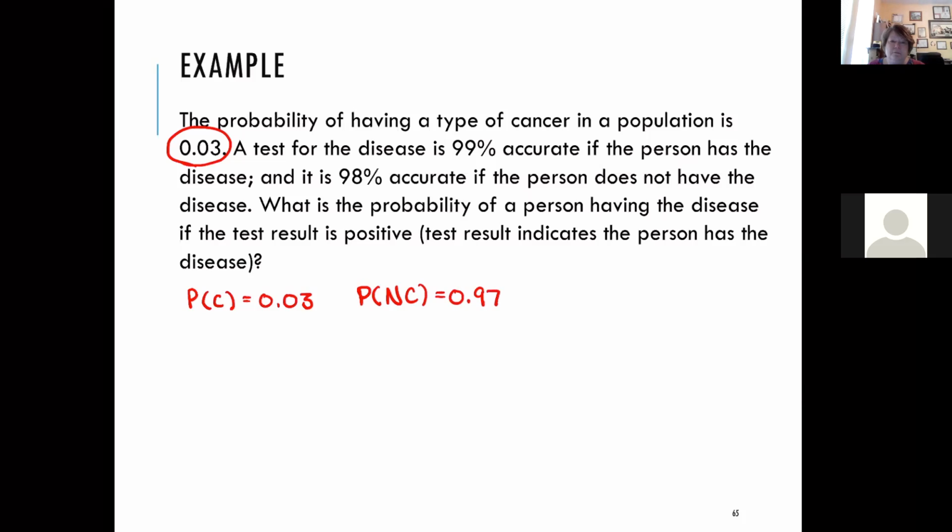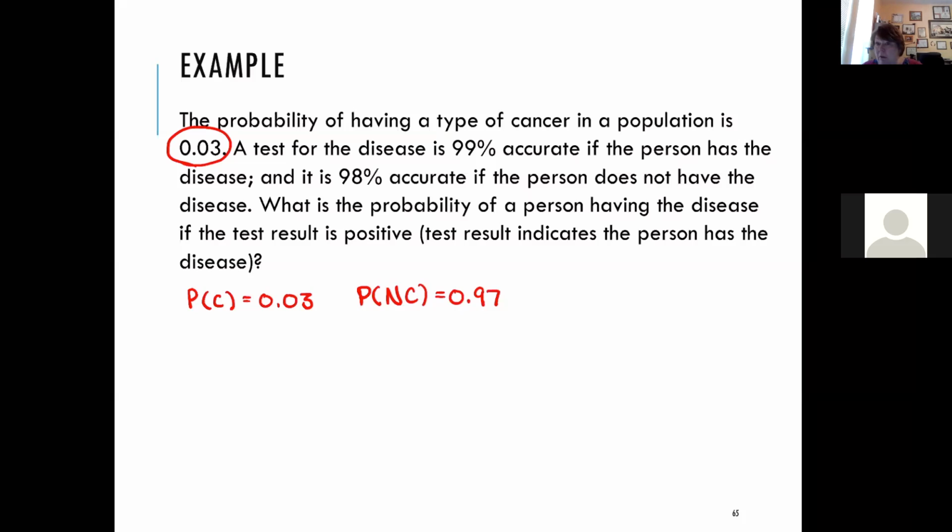A test for the disease is 99% accurate if the person has the disease. So what this means is that it's 99% accurate finding the cancer if you've got it. This is a conditional probability. The probability that you test positive given you have cancer is 99%.